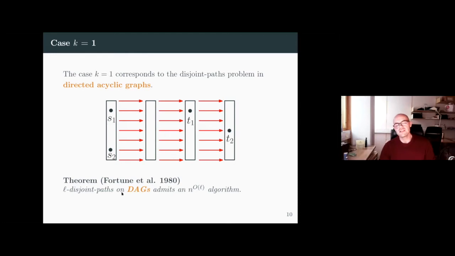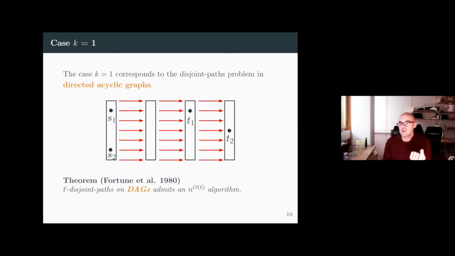The L disjoint paths, where L is the number of paths and k is the number of colors, so we have to be careful here. The L disjoint paths problem on DAGs admits an n to the big O of L algorithm. So for one color, we know how to do it, and we know how to do it for any n, right? Basically, the idea will be to try to reduce the number of colors we're considering, by possibly augmenting the number of paths we have to deal with.